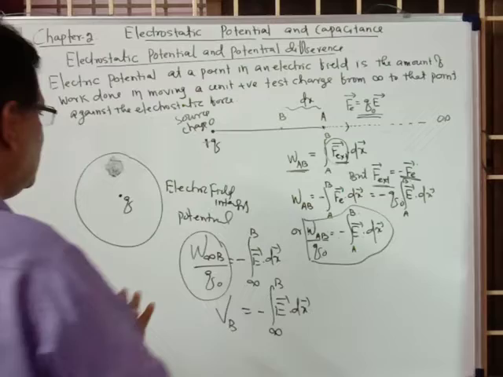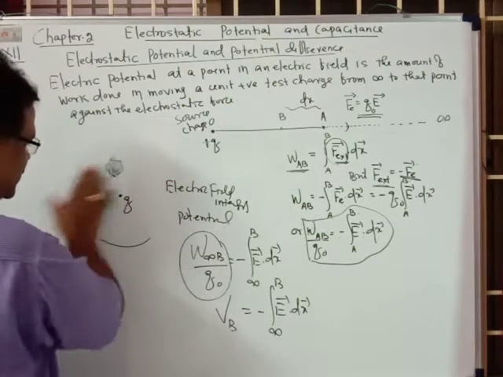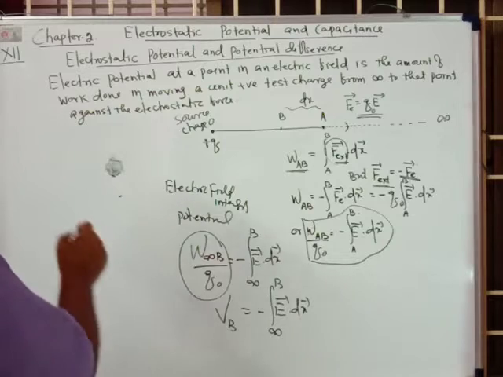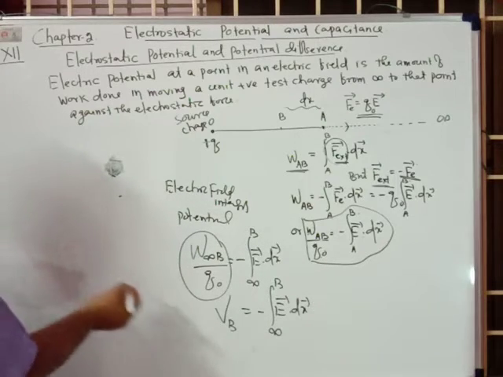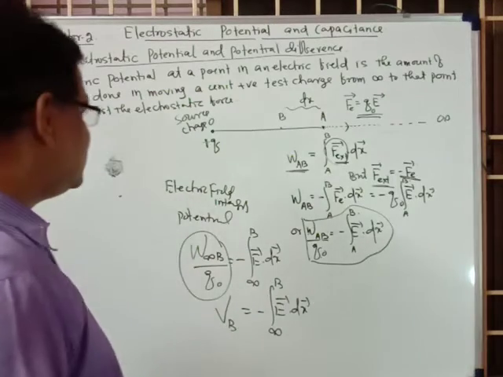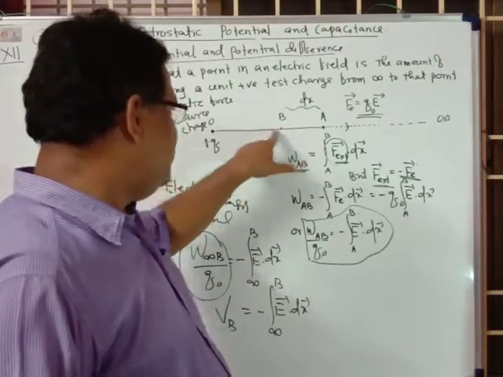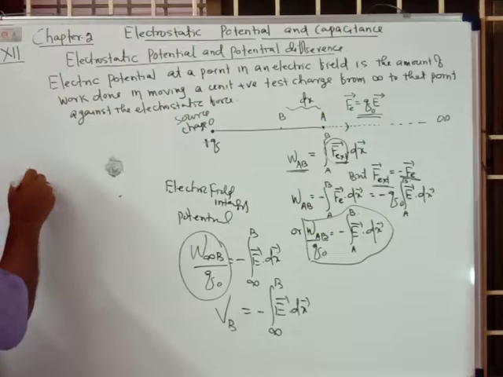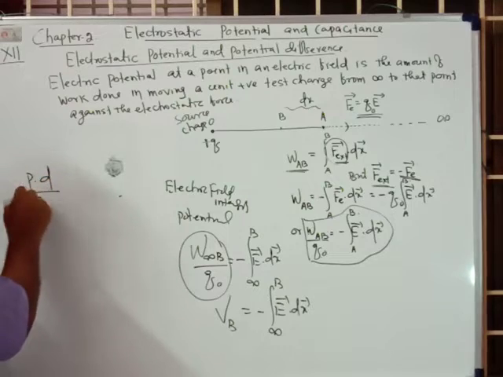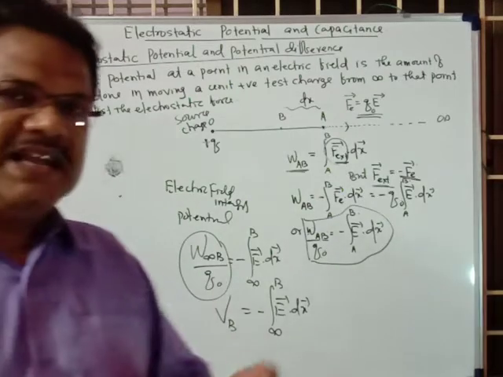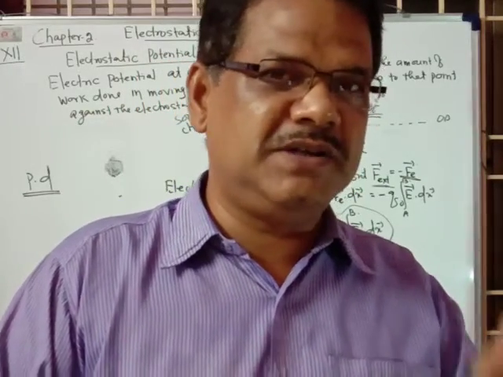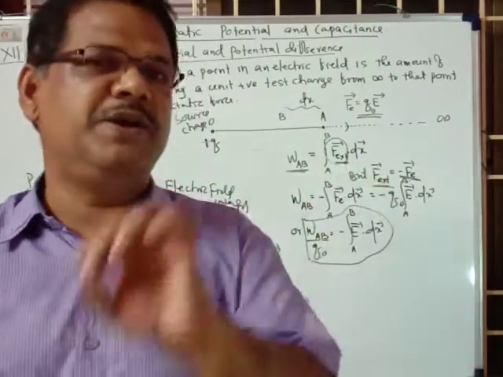In the same manner, if you find the potential difference between the 2 points A and B, we can write it directly as VB minus VA. The potential difference, told as PD, between 2 points is the work done in bringing the unit positive test charge from one point to another point.